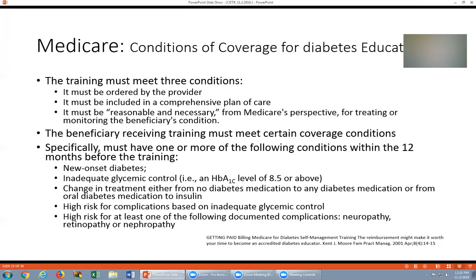If there's a change in treatment, if there's high risk of complications based on poor control, if the patients have a complication already, nephropathy, retinopathy, or neuropathy. But again, if you look at these, I'm thinking to myself, we are too late. If we are doing and paying for diabetes education by this time, we should be starting way ahead.